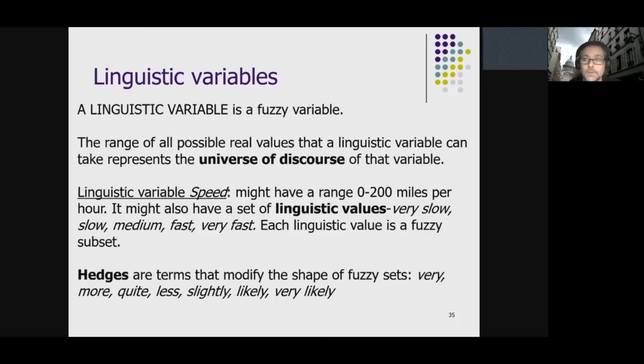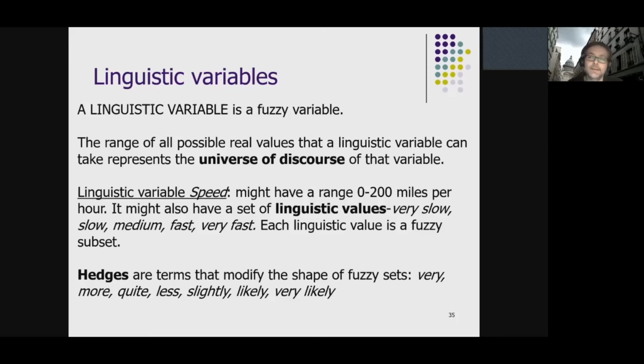So a fuzzy variable, like a normal variable, can take different values. But the values that a fuzzy variable takes are represented by fuzzy sets. So if I take the variable speed, in the real world it can take values in the range of 0 to 200 miles per hour.